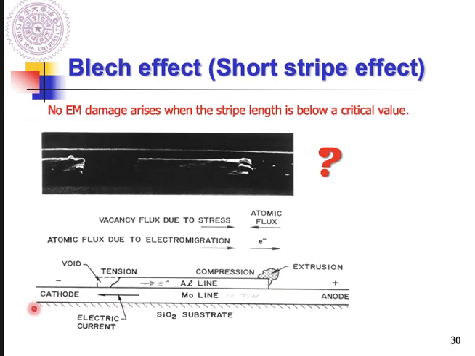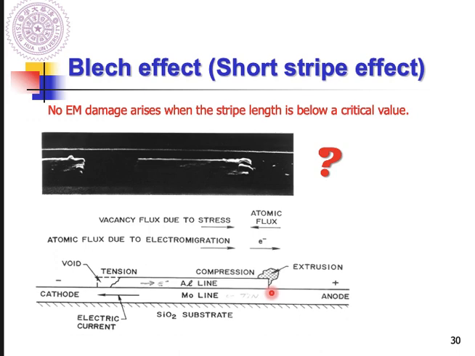What we have here is a silicon dioxide substrate. On top of it, we deposit or grow a molybdenum line, and on top of that, we deposit the aluminum line. We also apply the electrical field, with the anode here and the cathode here.